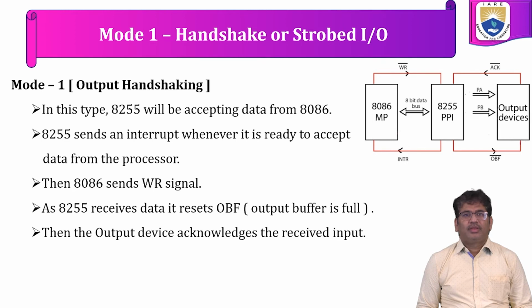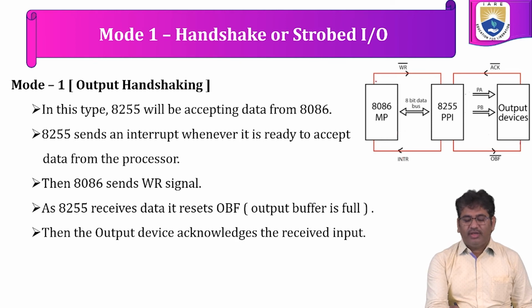Mode 1 for output handshaking. In this type, 8255 will be accepting data from 8086. 8255 sends an interrupt whenever it is ready to accept the data from the processor.